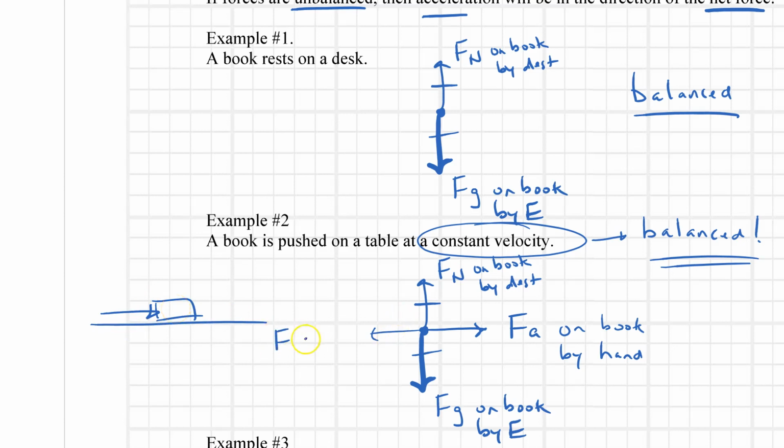So I'm going to say the force of friction on book by table, and that is the interaction between the table and the book. And I'll put 2 ticks there to show that that is equality. FA and FF are equal.